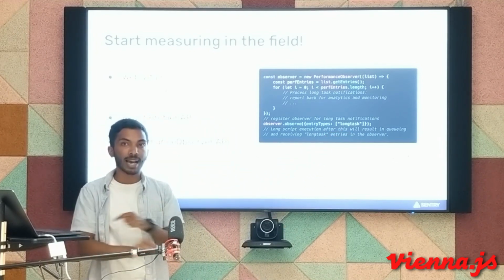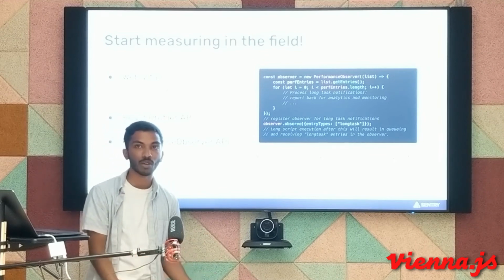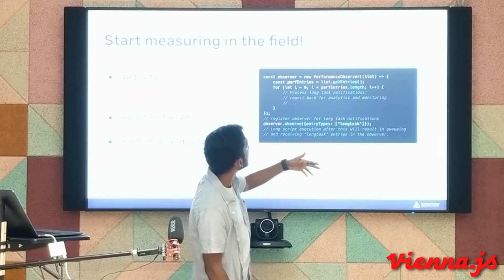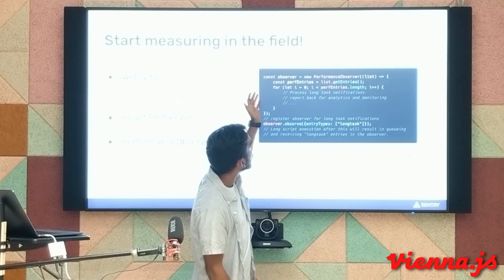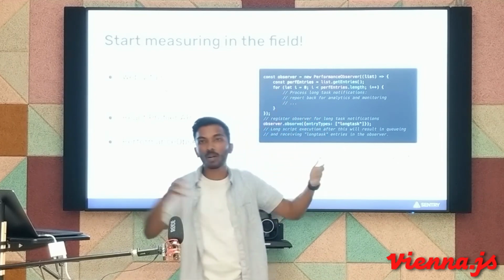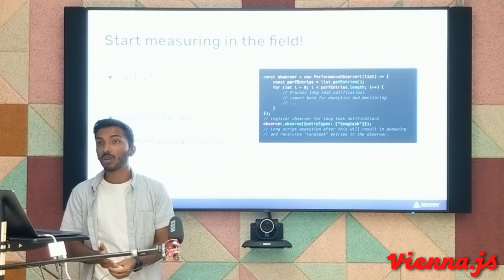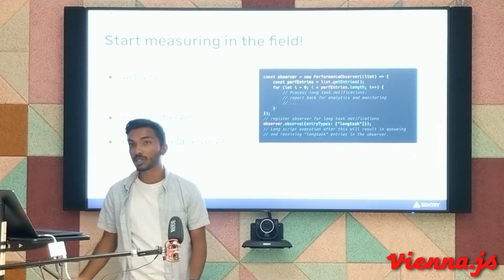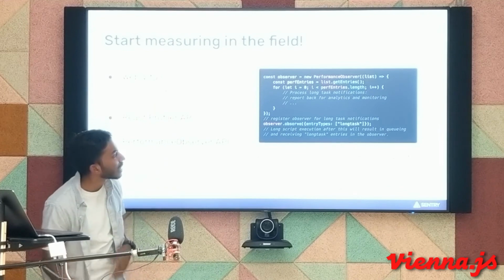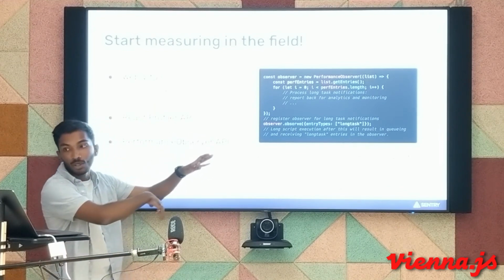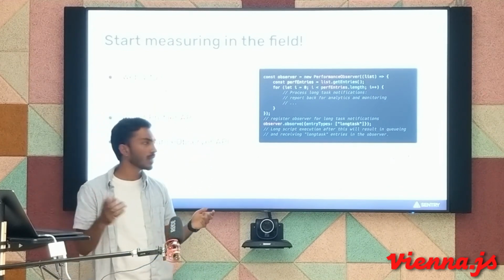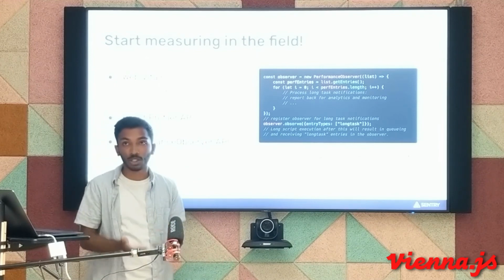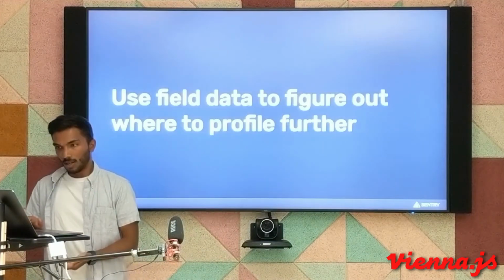You can actually capture all of these after a page is finished loading and observe them, process them in some way, and send them to whatever data sink you want. So no longer do you have to say, oh, of course I have to open up my browser DevTools. You can just use a performance observer and send all of this data wherever you want, so you can start thinking about it.